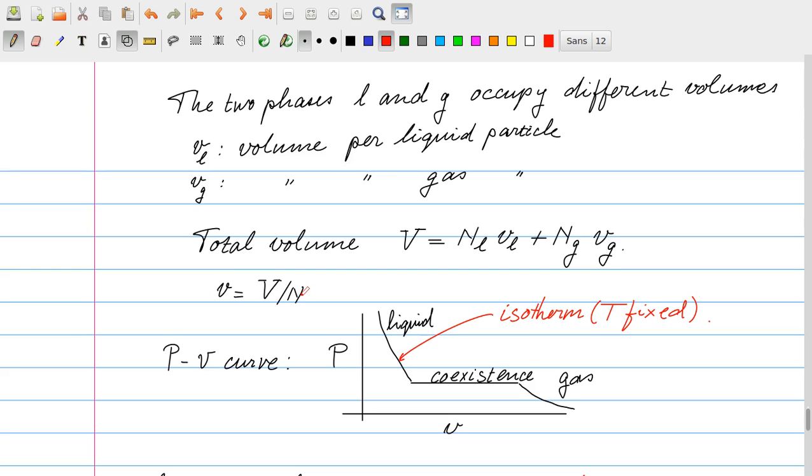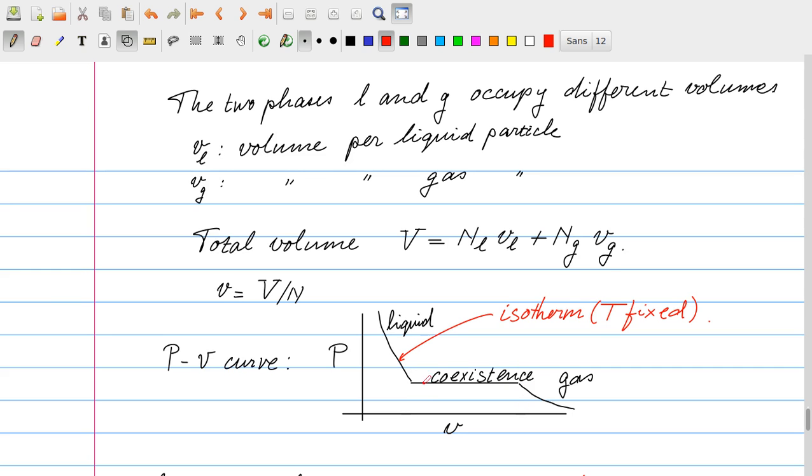And if we fix the temperature and we now follow a curve in the V-P plane, then there is a region where G is completely insensitive to the relative contribution of N_L and N_g to N. If everything is liquid, then the particles occupy a very small volume, so then we are here. And if everything is gas, then we are here.